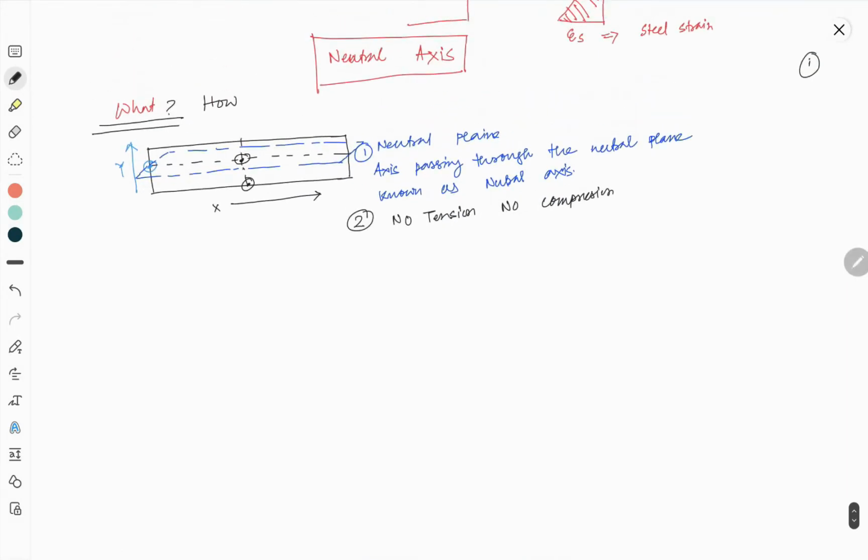So as there is no tension, no compression, in neutral axis the plane section is plane before and after bending.